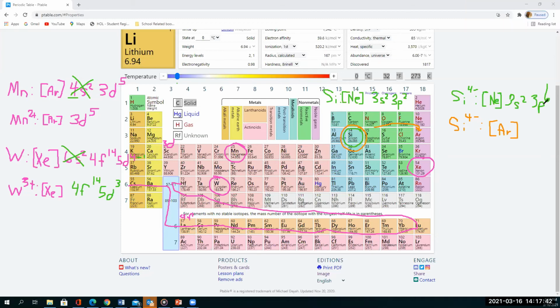Dr. Henry, I have a question about the F14, but how do you get 14? Because in the f orbital, there is a total of 14 electrons that could be held up there. Remember, this guy here is the D orbital. You see this blue spot here?